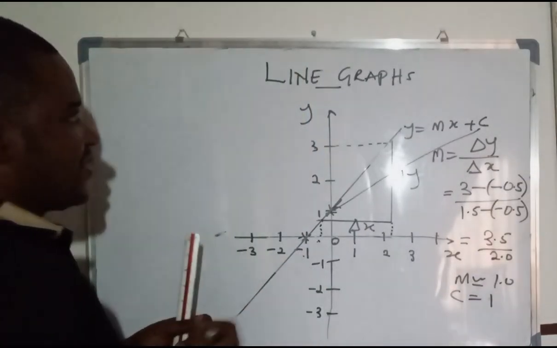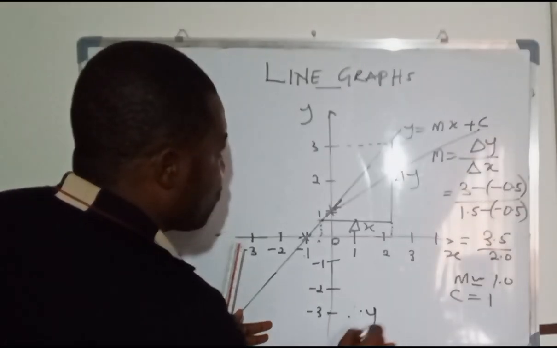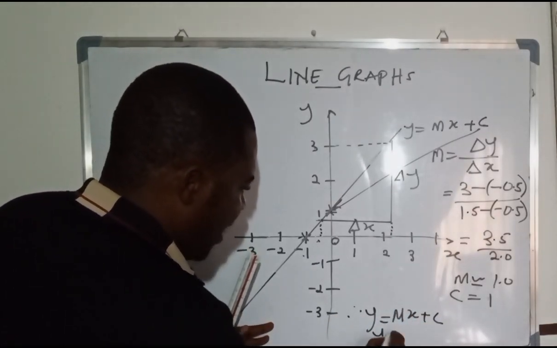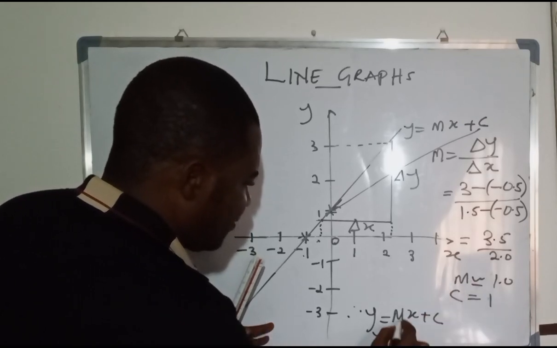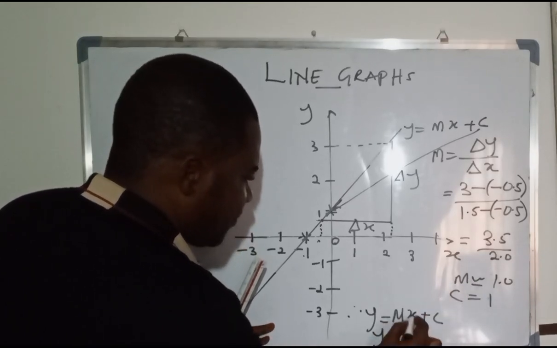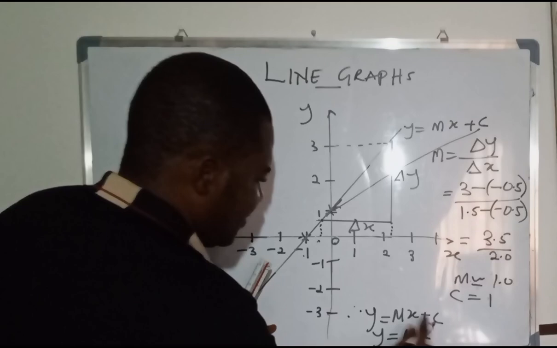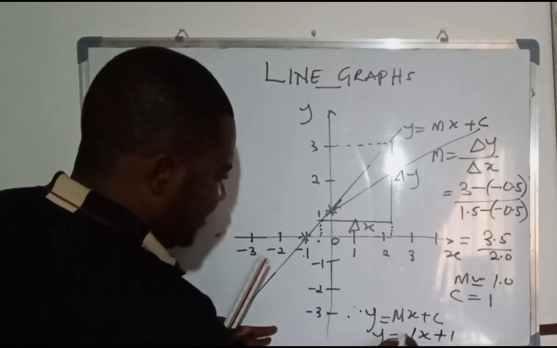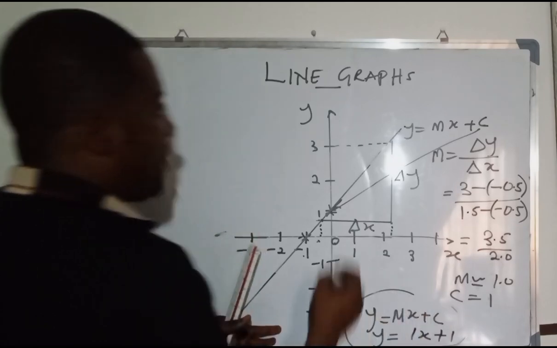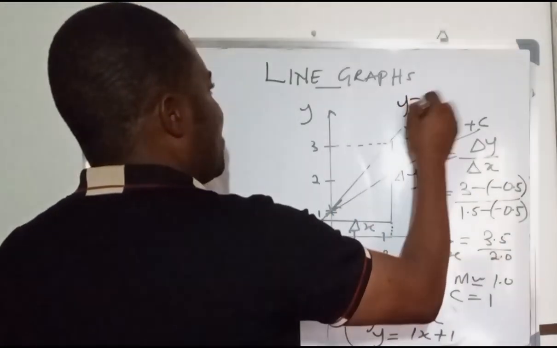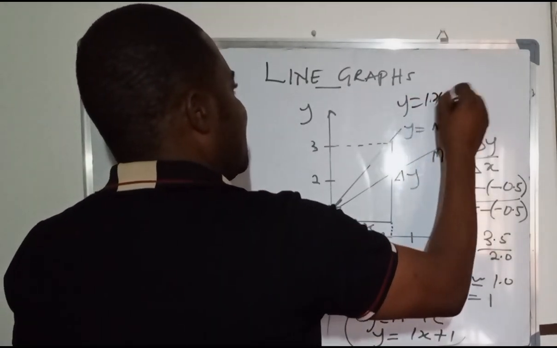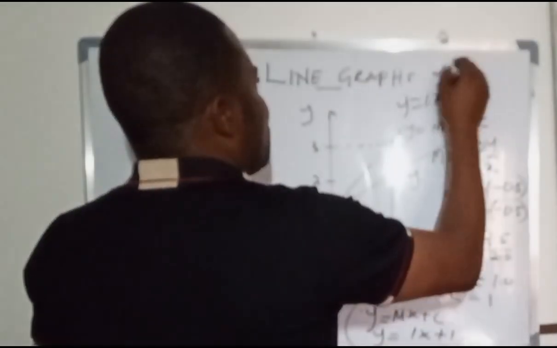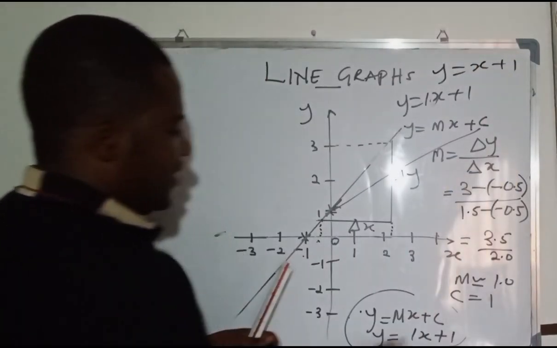And if c is 1, then our equation y equals mx plus c can be written as y equals 1x plus 1. That means the equation of this line is y equals 1x plus 1. So you can still write it as y equals x plus 1. It's the same thing.